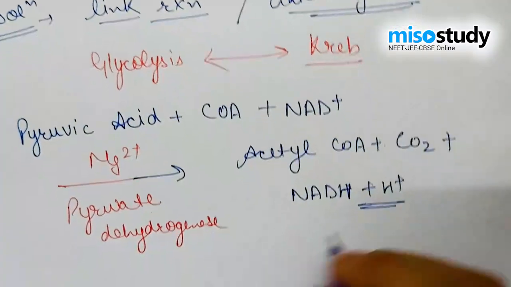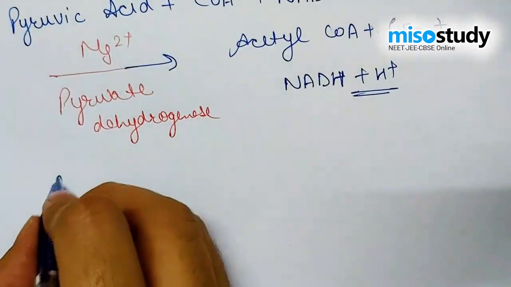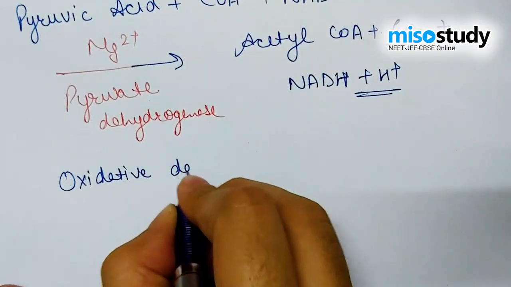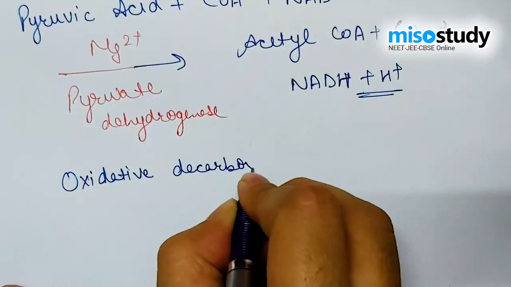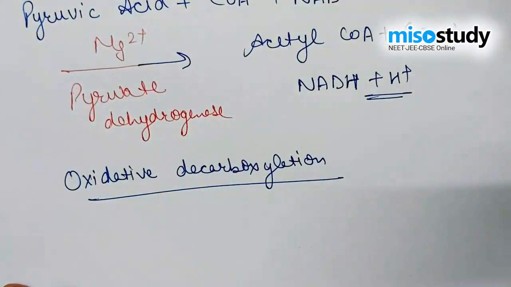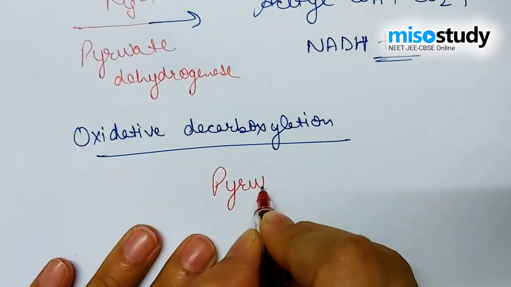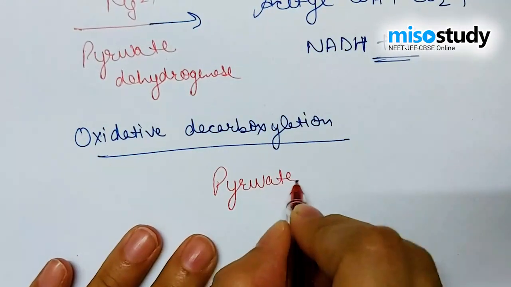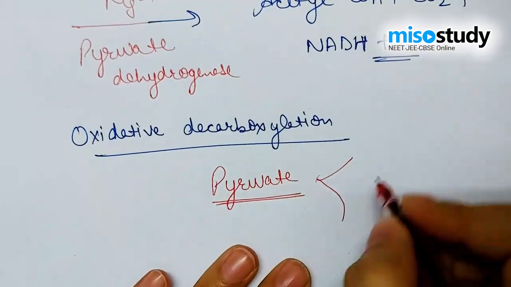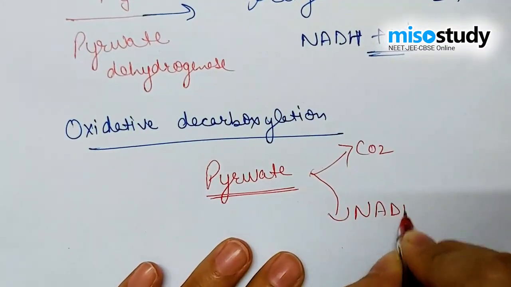This comes under the process of oxidative decarboxylation, where pyruvate, the end product of glycolysis, is broken down into CO2 and NADH.